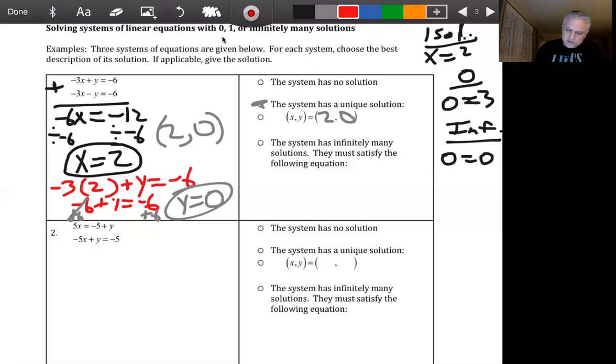I'm going to take this first equation and subtract y from both sides. So I'm just going to rewrite it down here: 5x minus y equals that negative 5.